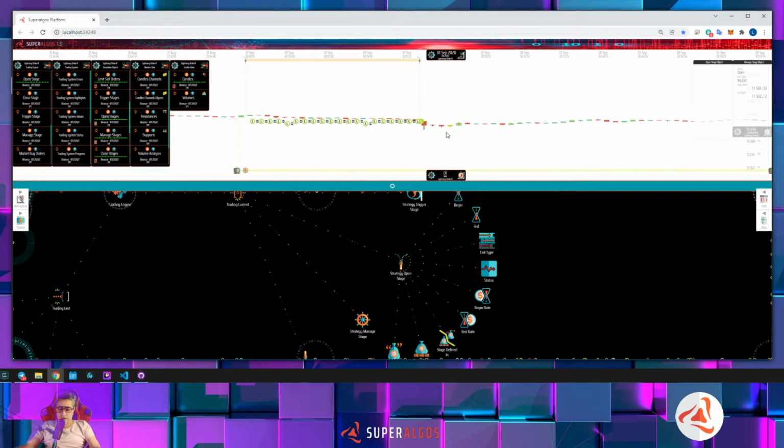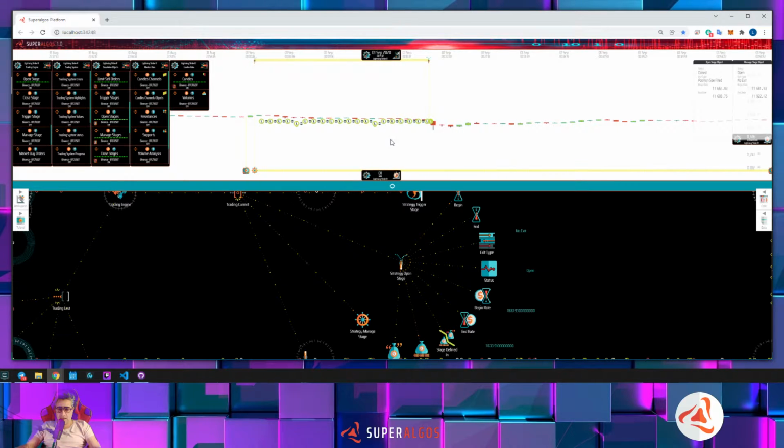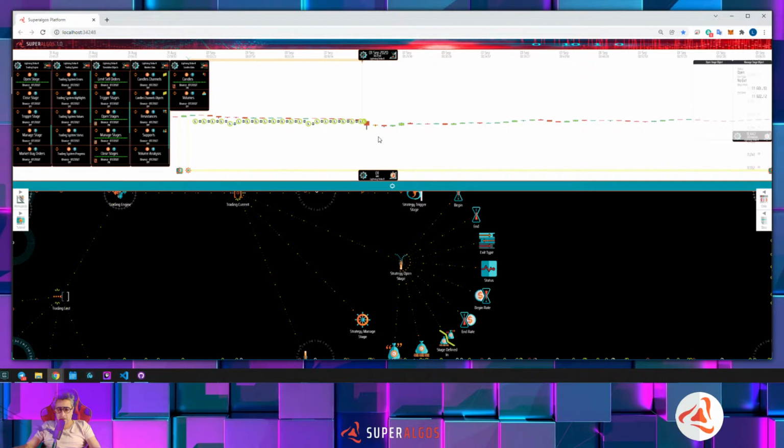In our case, we are hacking that concept a little bit because we are taking the position in a very unusual way, that is creating a limit order and canceling the same order every minute until it gets hit by a candle and fills. Okay, so that closes the open stage, and that is right, it closes the open stage.